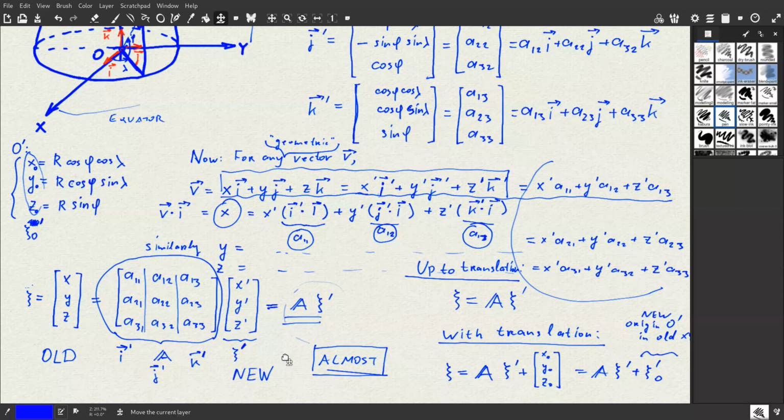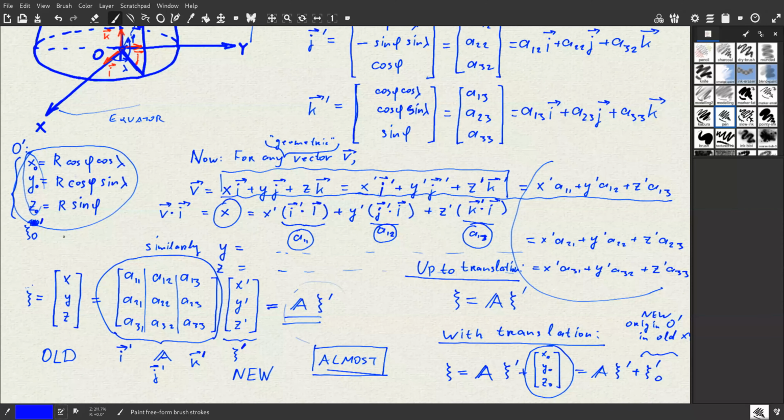And to complete the picture, we need to add translation. And to that end, we add the vector of x0, y0, z0 given by these formulas, which are coordinates of the new origin in the old one.